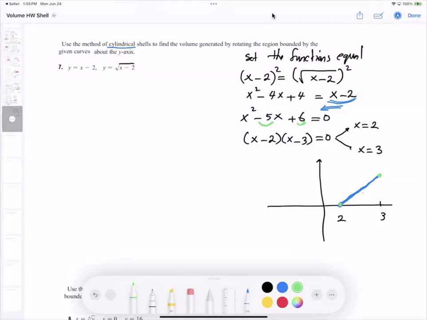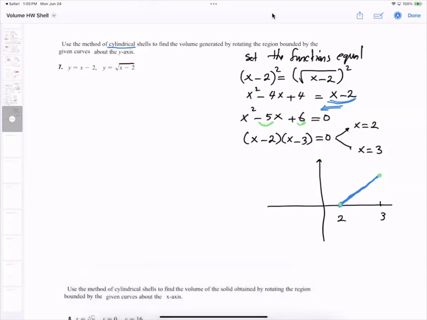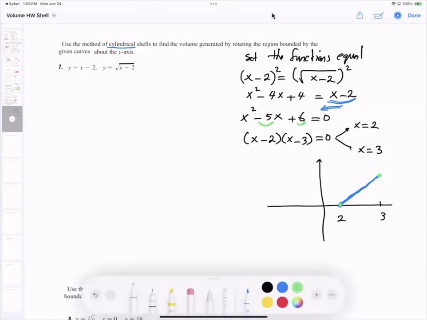It looks like it goes down here, but if the intersection of these two is at 3 and both of them are equal to 1, what's the visualization? Did we graph this correctly? This is our line, am I right? This is the piece of line that we have. But what about square root of x minus 2?